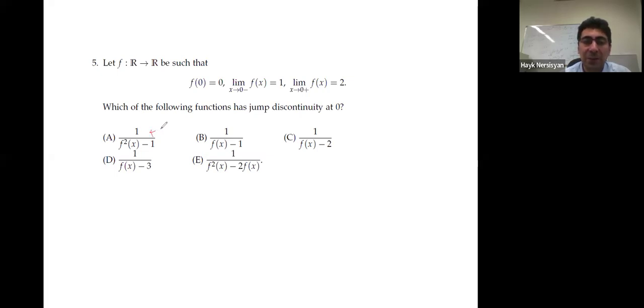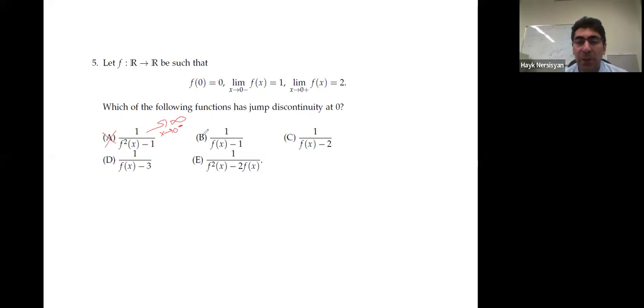From the plus side, we will get 1 over 1 squared minus 1, which is going to be infinity. If the limit from one side is infinity, directly we can say this can't be a function with jump discontinuity because it already has an essential discontinuity.